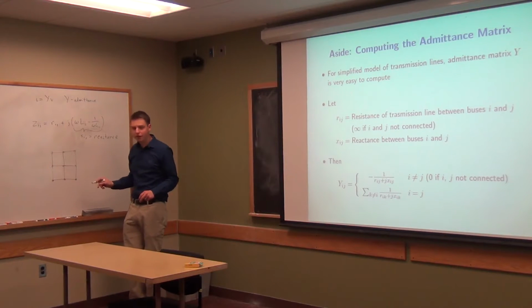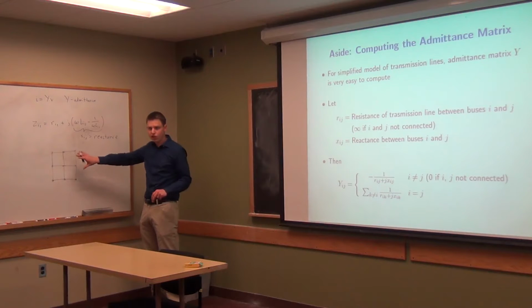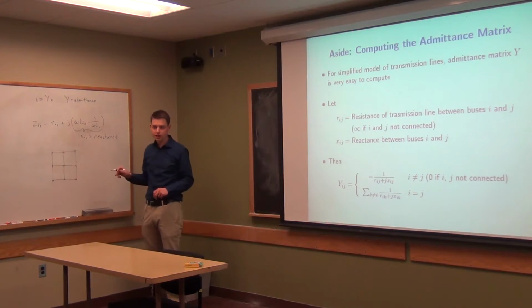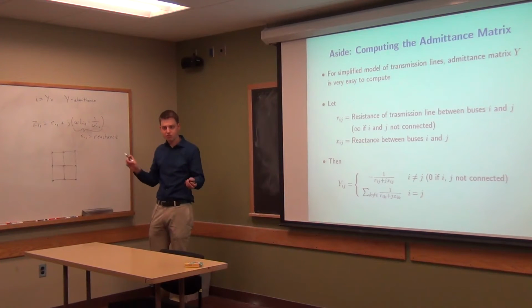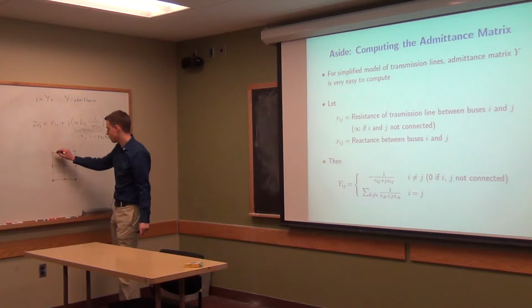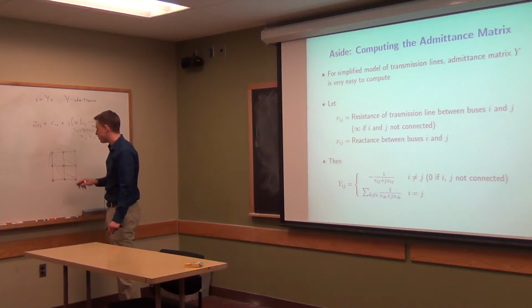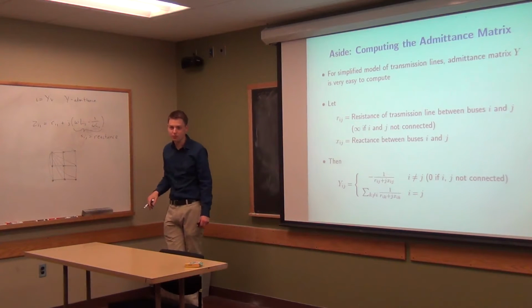But think about how many fewer connections there are here than there would be if you had a dense graph. If everything was connected, so that the admittance matrix was actually dense, you'd have to have transmission lines between all of these things. So you'd have this just for one node, and you'd have that same thing for every other node, too.